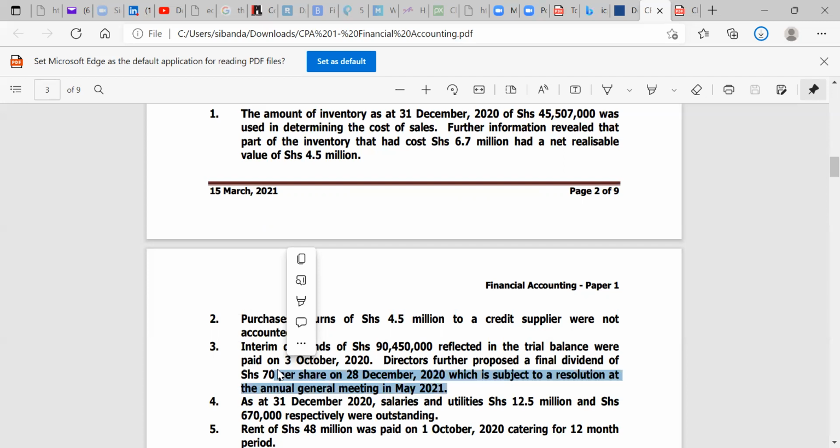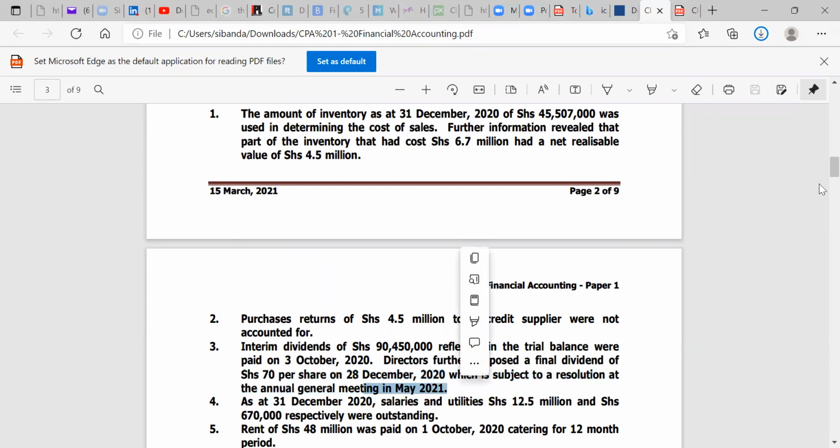Proposed dividends don't affect our statement of changes in equity. Rather, we should basically disclose these dividends, because remember, they are subject to a resolution that will happen after the year end.